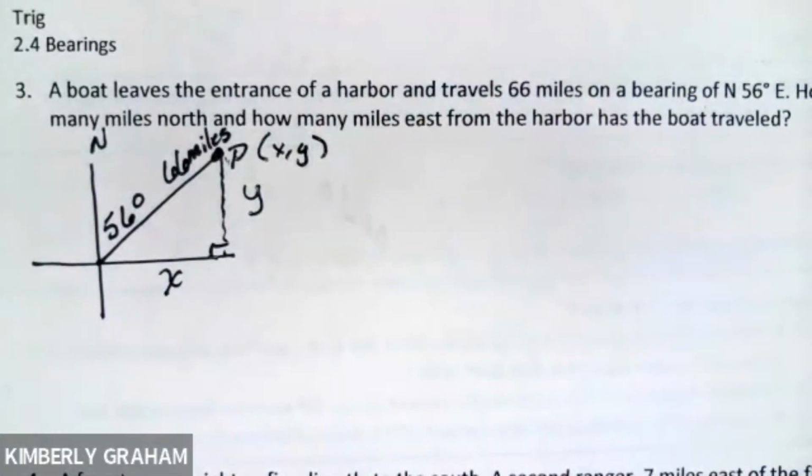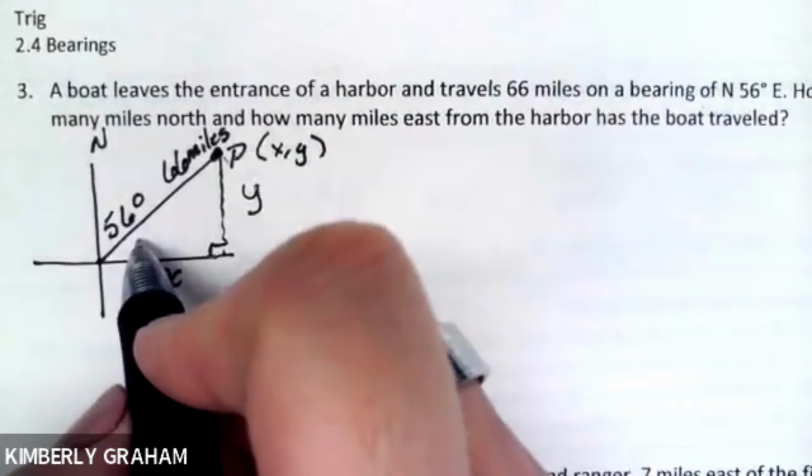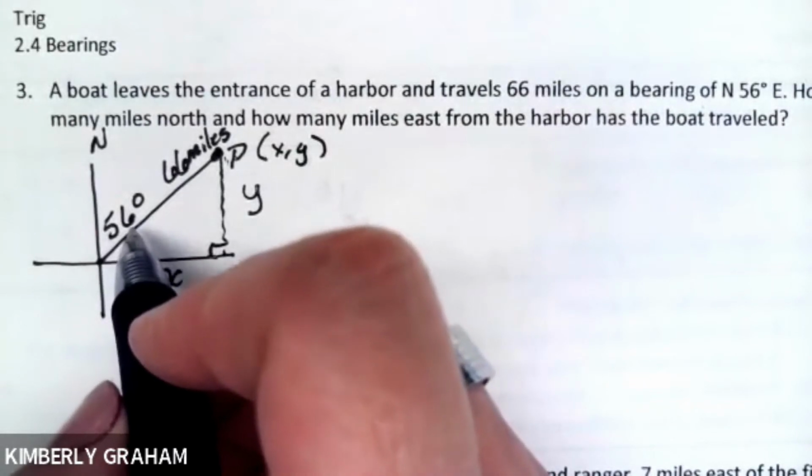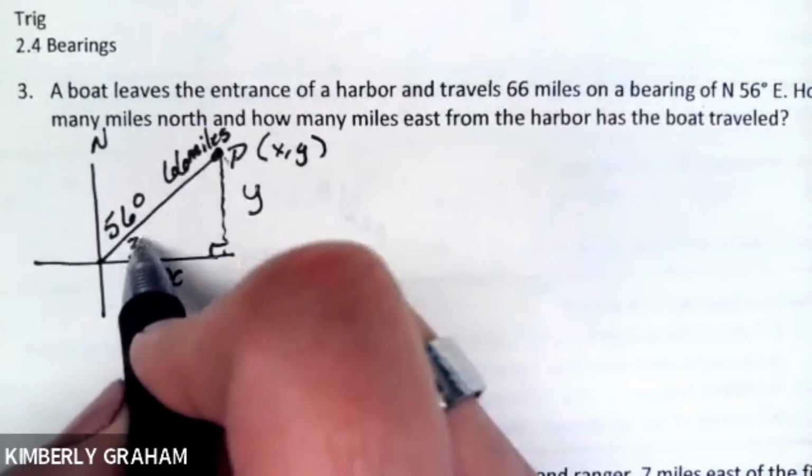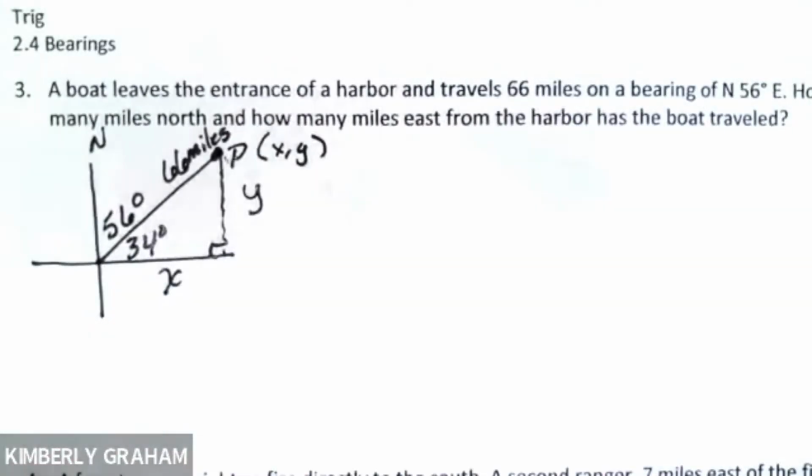Well, this leads me back to my circular definitions of my trig functions. But there's one thing missing here, and that's this angle. I do not use 56 degrees. I have to use this angle in here, which would be 34 degrees.